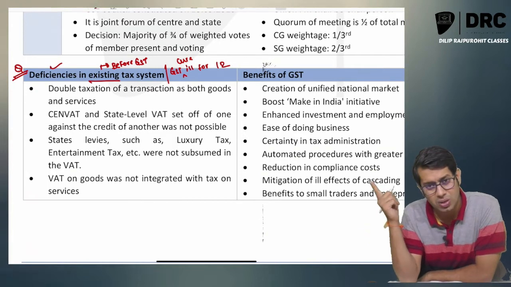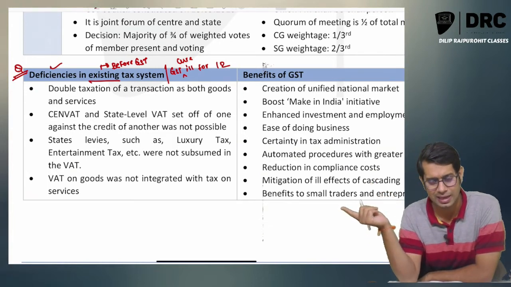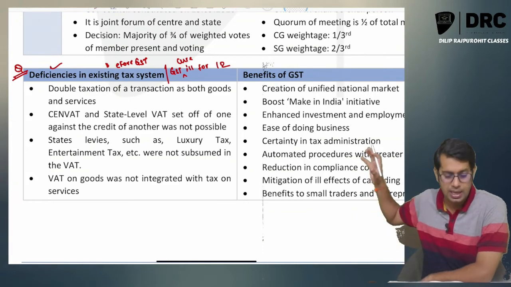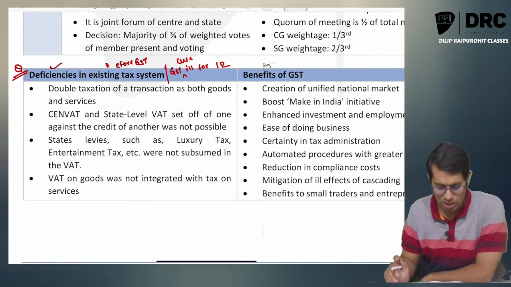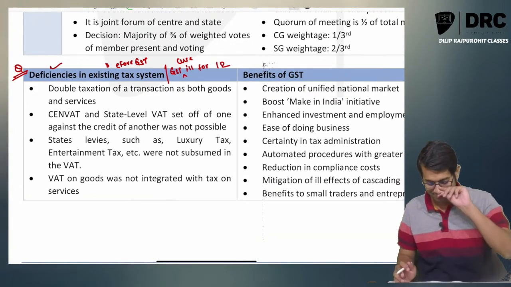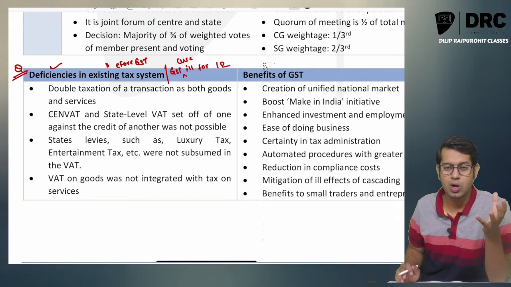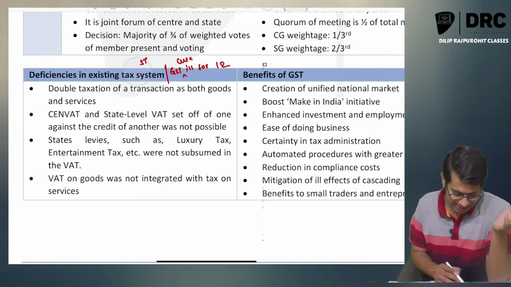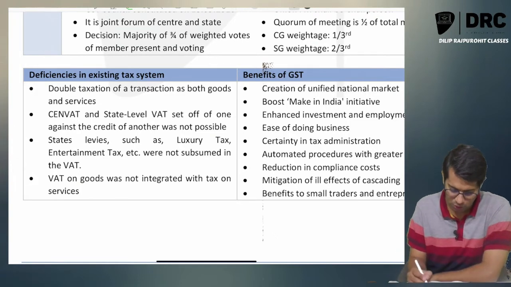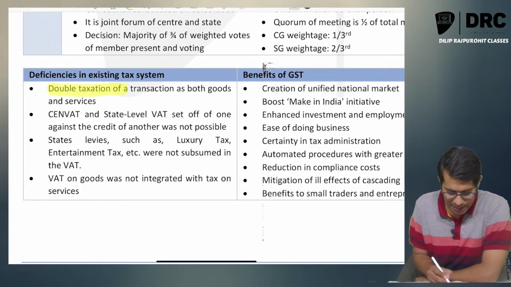What are the reasons? Because these are the ills of the existing indirect tax systems, and because of these ills or deficiencies, GST came into existence. What are the ills or deficiencies in the existing indirect tax system? Deficiency number 1, again please note, this is a theoretical question: double taxation of a transaction as both goods and services.